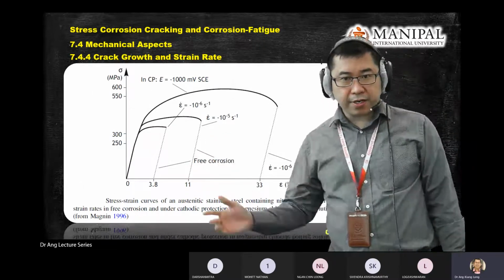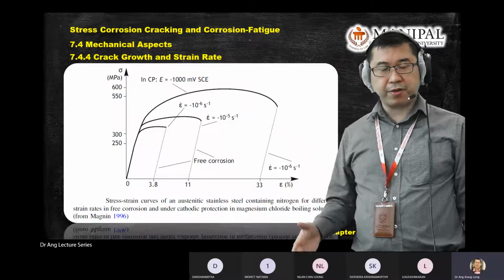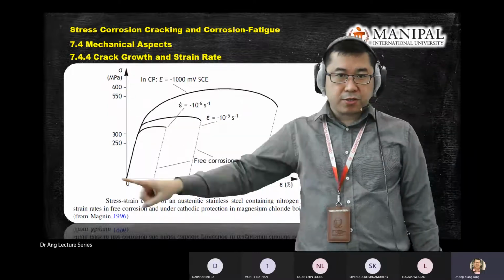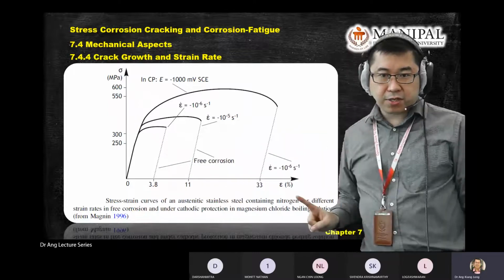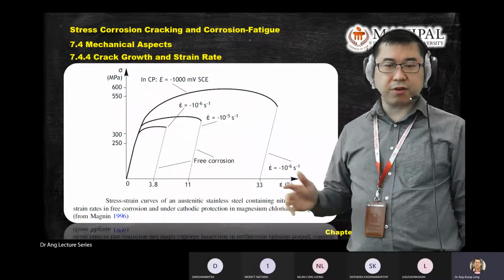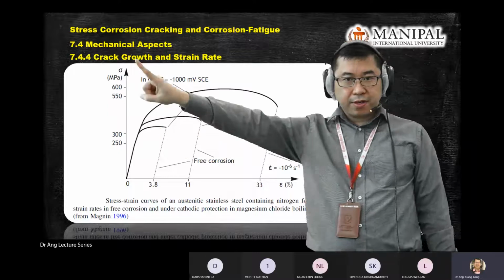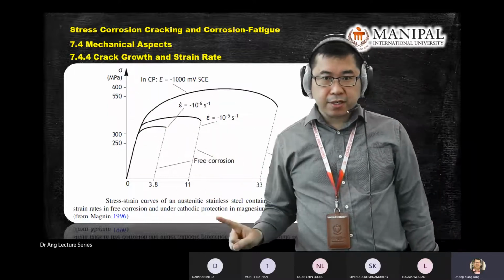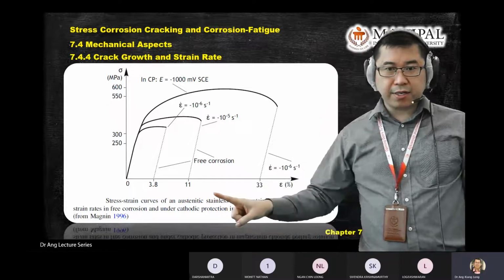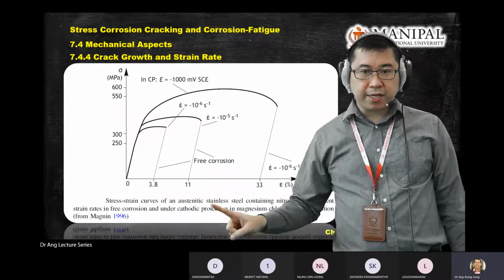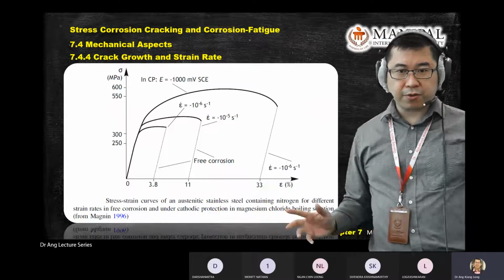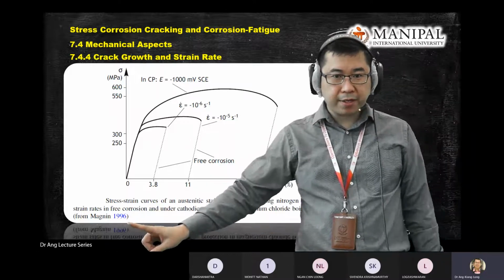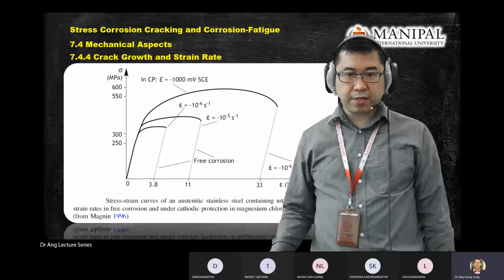Another graph here. This is more on material, or you've seen this one in your material science. Stress versus strain, a very normal tensile graph, stress versus strain in megapascal. So this one is for austenitic stainless steel. It did not give you what type of stainless steel, but it was published by Magnan, 1996.